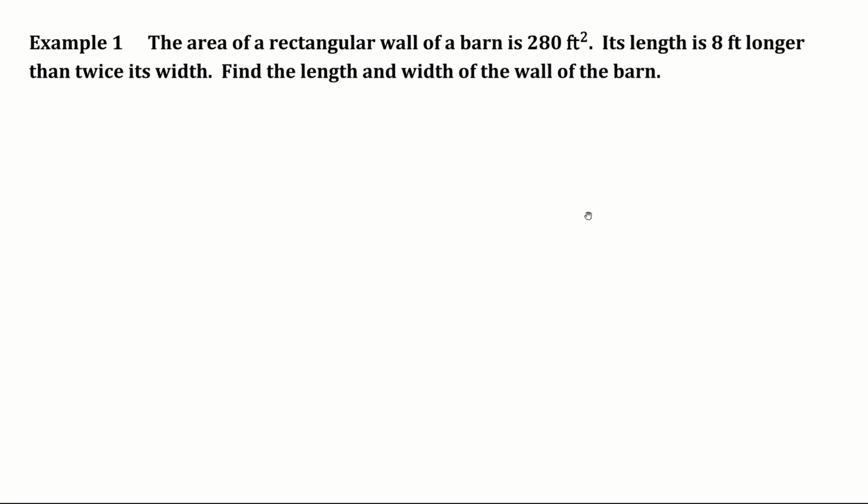So in order to understand it, we'll try to use a little bit of a graphic to help us along. So we have a rectangular situation. Now your picture doesn't have to be perfect. Mine certainly never is. And we know that the length is 8 feet longer than twice its width.